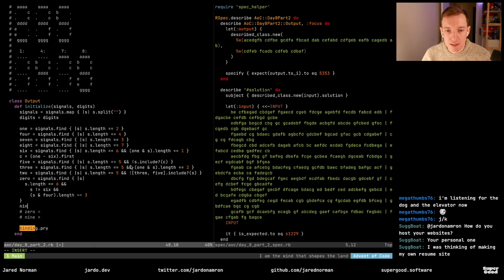And then 9 is equal to signals find s dot length and it's not 0 or 6.